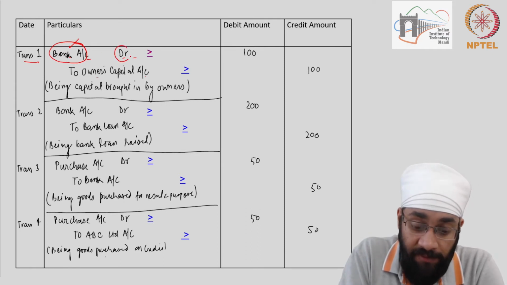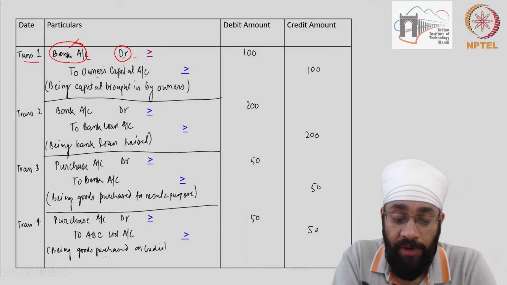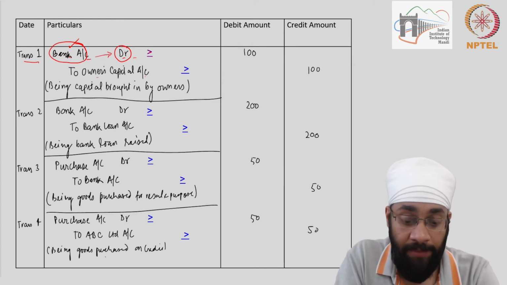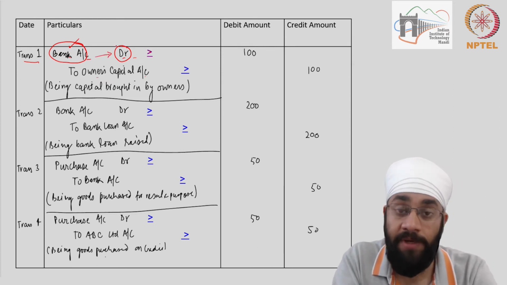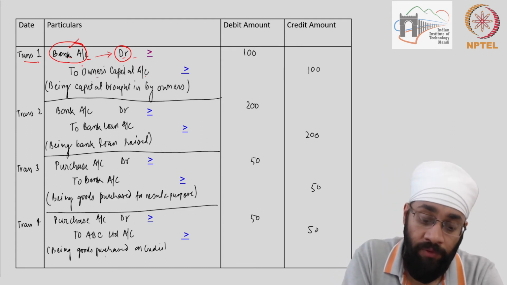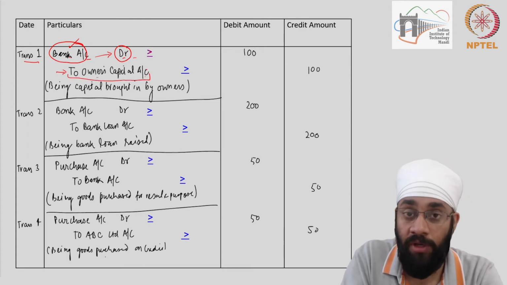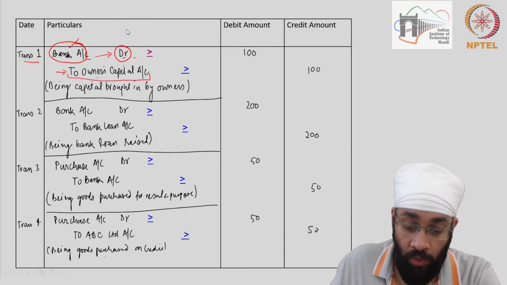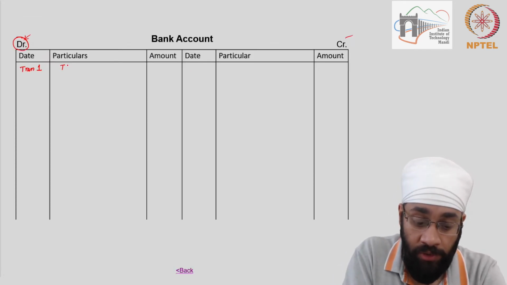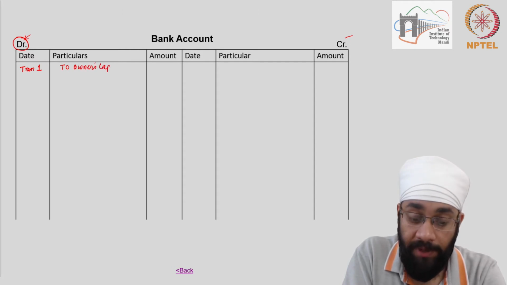Since we have decided that we are going to write something on the debit side because the bank account is being debited, on the debit side we write the other account involved in this journal entry, owner's capital account. So on the debit side I am going to write 'To owner's capital account.'